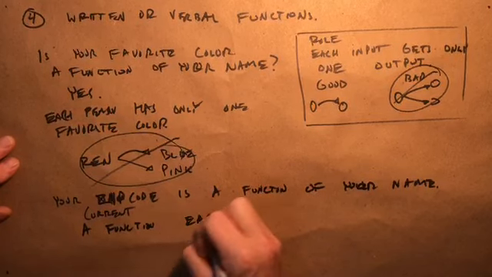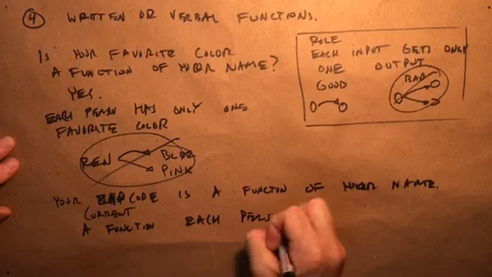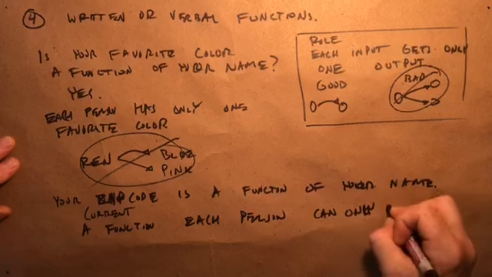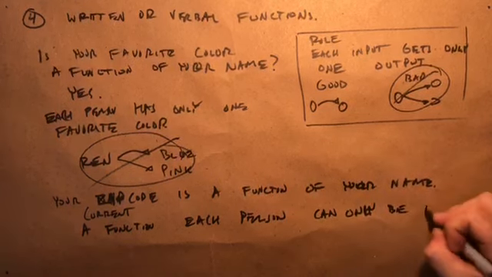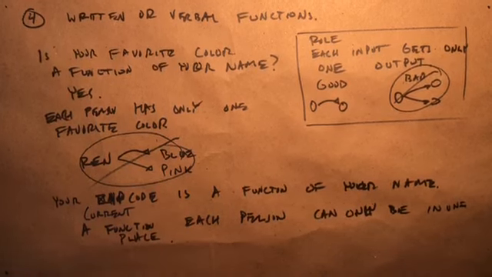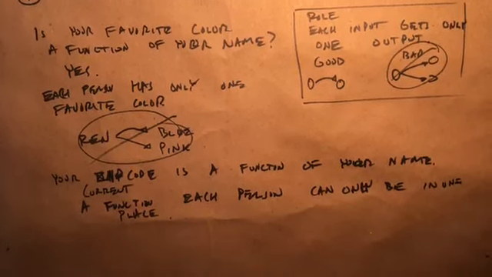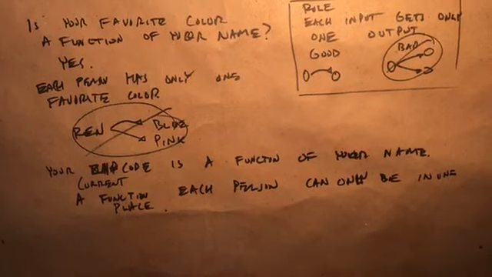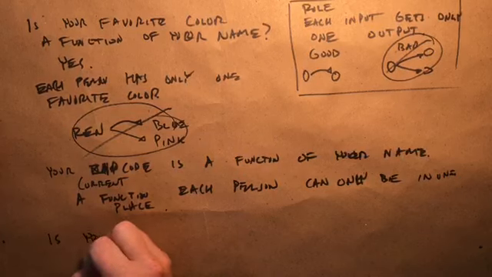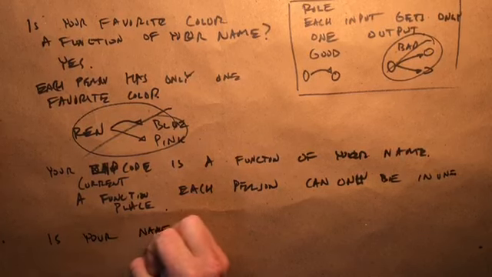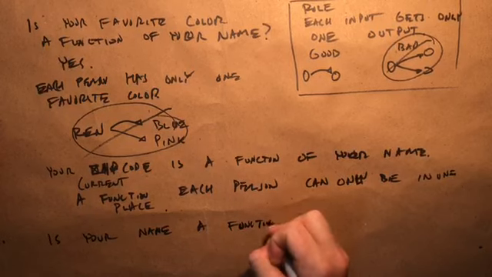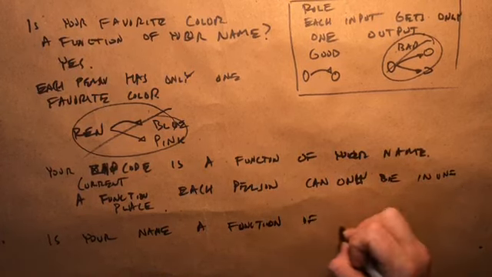Each person can only be in one place. There's one last one that I'm going to talk about, though, and I'm going to say, is your name a function of your zip code?